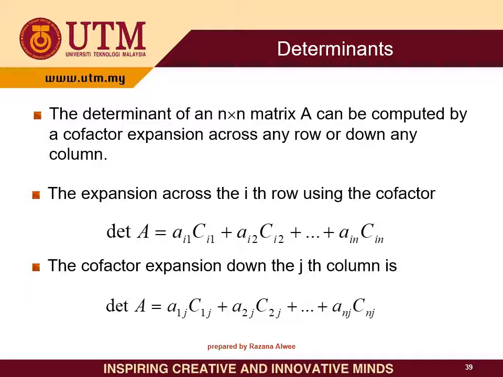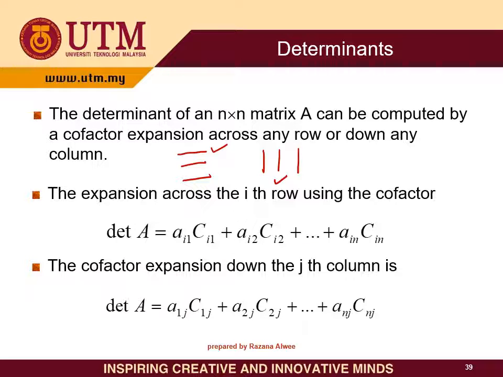The determinant of the matrix can be computed by a cofactor expansion across any row or down any column, which means that sometimes the question can ask you to find the determinant of matrix A across the first row. So you will calculate for the first row or any column, meaning they can ask you to find the determinant using the second row.